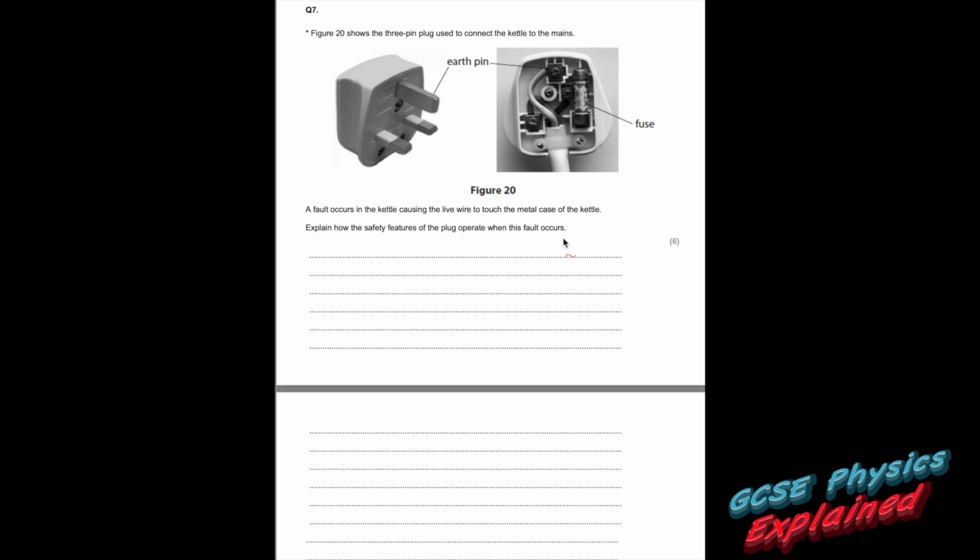Now the answer's always the same, so for 6 marks this is how to answer it. If the live wire becomes loose and touches the metal casing of the kettle, this will cause a short circuit inside the kettle. So what that means is that there'll be much less resistance inside the kettle.